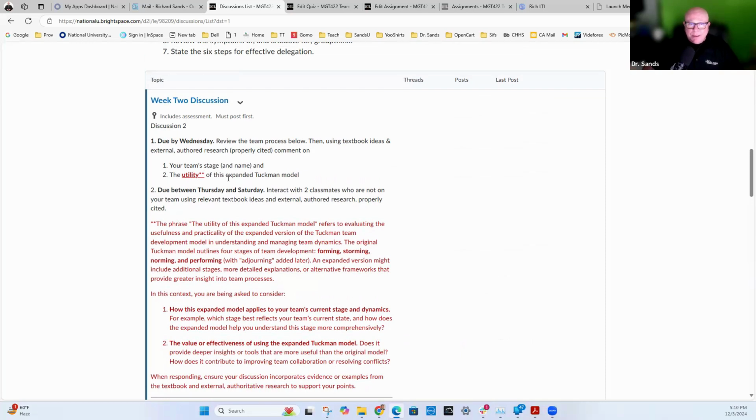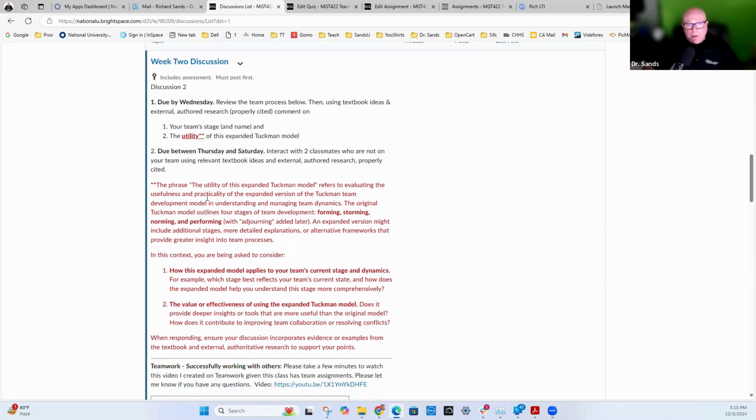The utility of this expanded Tuckman model. So I wanted to put in some further definition of what that phrase refers to: evaluating the usefulness and practicality of the expanded version of Tuckman's team development model in understanding and managing team dynamics.